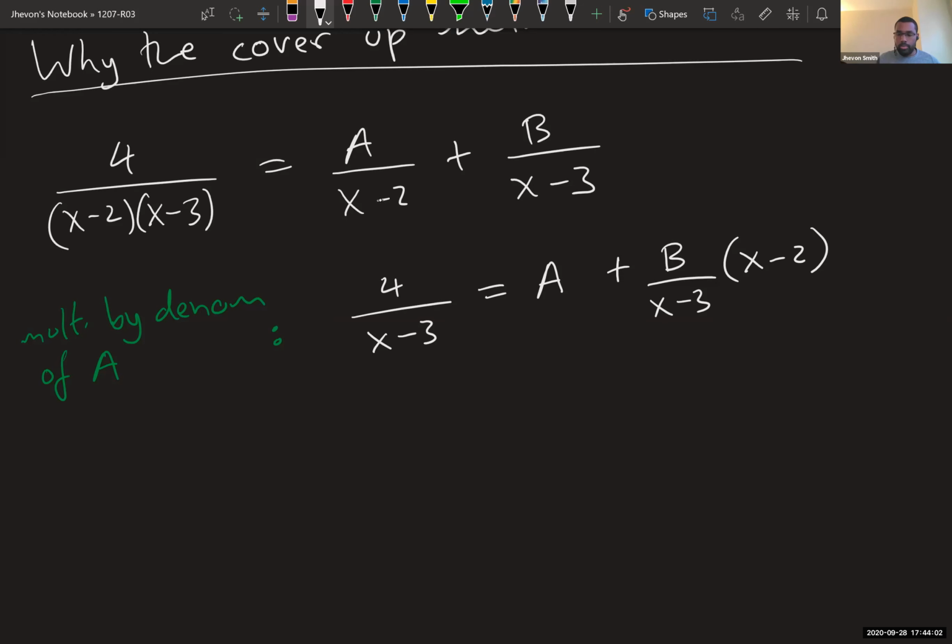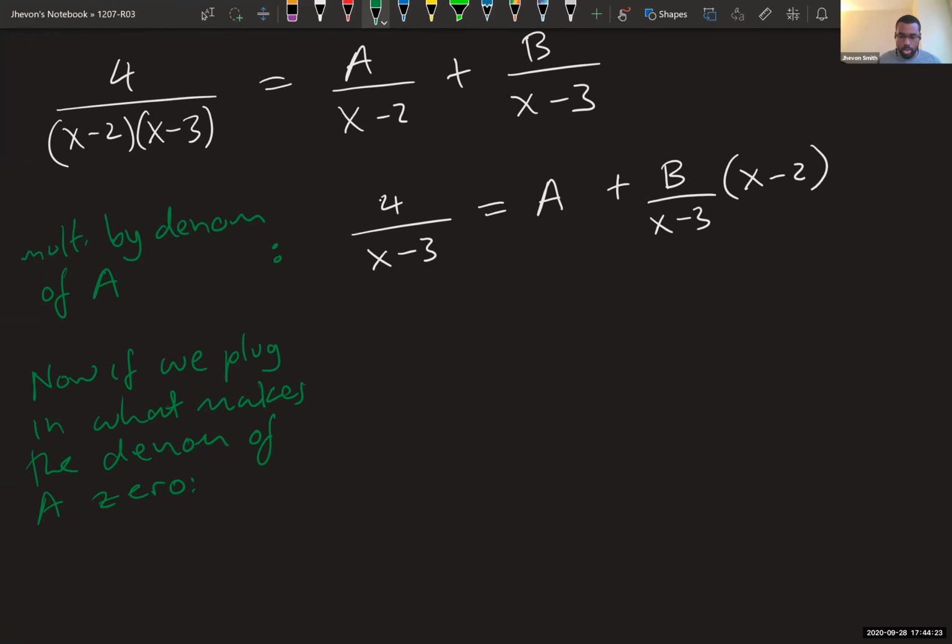Now what you notice is that if we plug in what makes the denominator of a 0, here clearly that's x equals 2, here's what would happen.